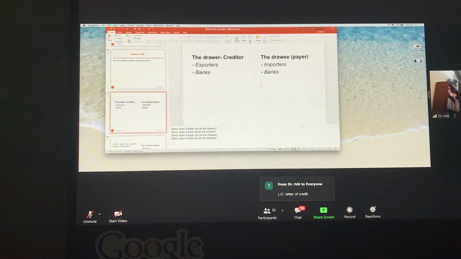Letter of credit in Vietnamese, thư tín dụng or tín dụng thư. So now, it is necessary for me to repeat. Now, the drawers and drawees depend on two factors. First one is method of payment or payment method. The second one is contents of the sales contract and/or letter of credit.